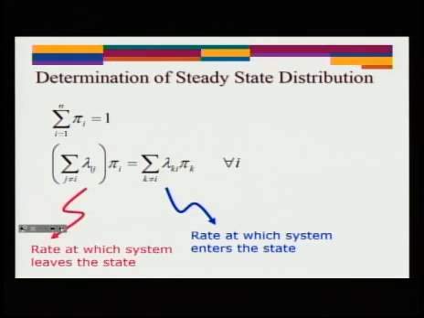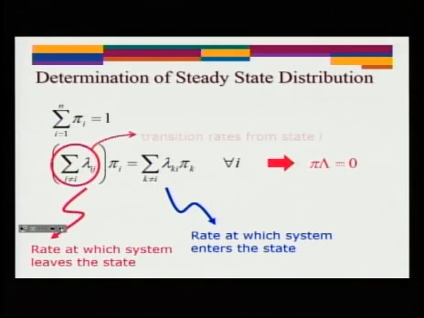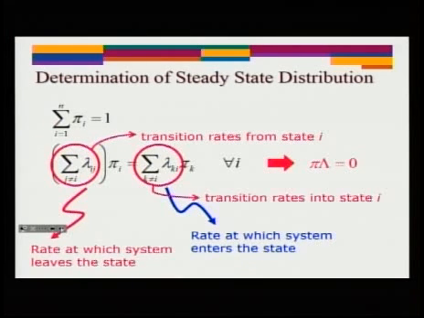Just arbitrarily choose one and then remove it. Instead of using the balance equations, we can use pi times lambda equals 0. That is the alternative way for you to determine the steady state distribution for the continuous time Markov chain.